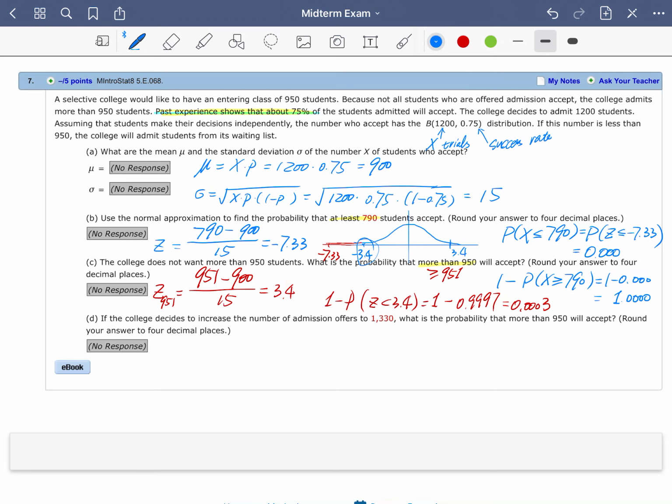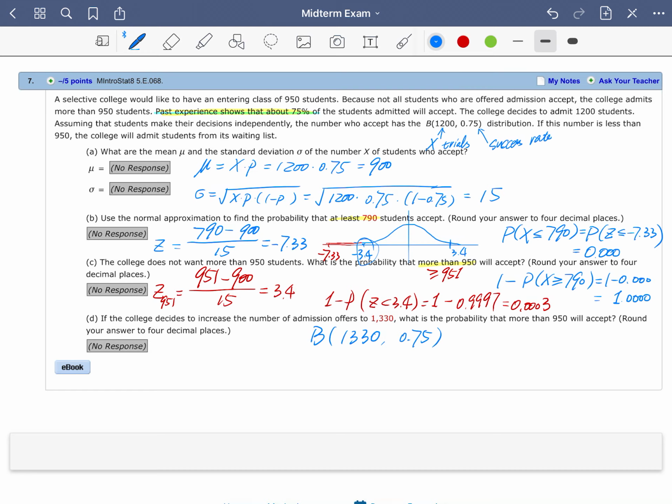So part D says, what if the college decides to increase the admission offers to 1,330? Now the binomial distribution becomes 1,330 with the same success rate of 75%. In order to find this, we basically just redo A, B, C, but with x equals 1,330.